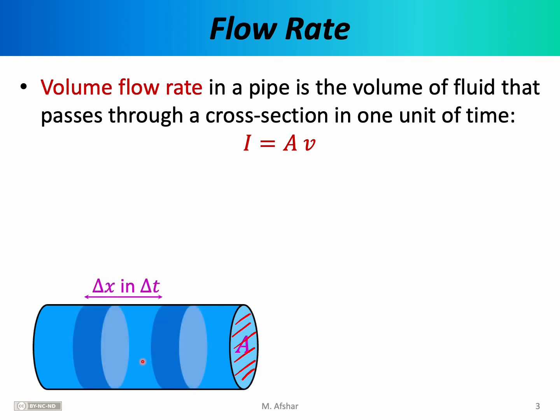A little more precisely, you could focus on a segment or element of the fluid and track its motion. As you do so, you might notice that the fluid element travels distance delta x in time delta t. From that observation, you can find the speed of the fluid. So the v here is simply delta x divided by delta t.